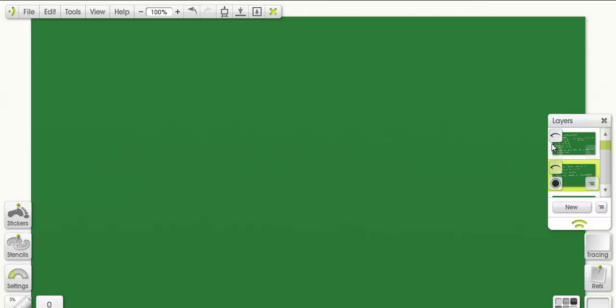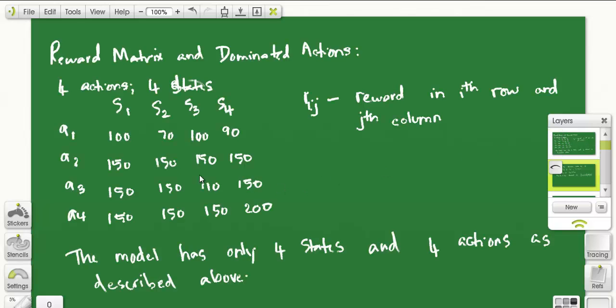Now I go back to the matrix again. Now that I know that A1 is being dominated by all the other actions, we have to look for the unique dominating action if there is one. So I proceed with the same process, but this time I compare A2, A3 and A4. So does A3 dominate A2?